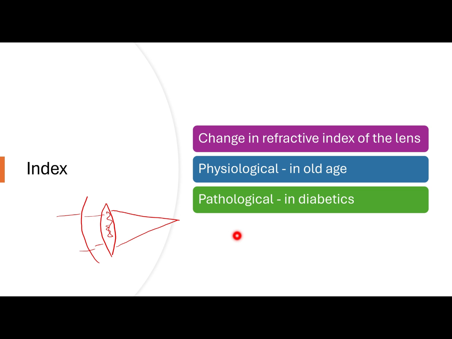This can happen physiologically in old age or pathologically when a patient is diabetic and not under control. Such a cause of hypermetropia resulting from a change in the refractive index of the lens is known as index hypermetropia.